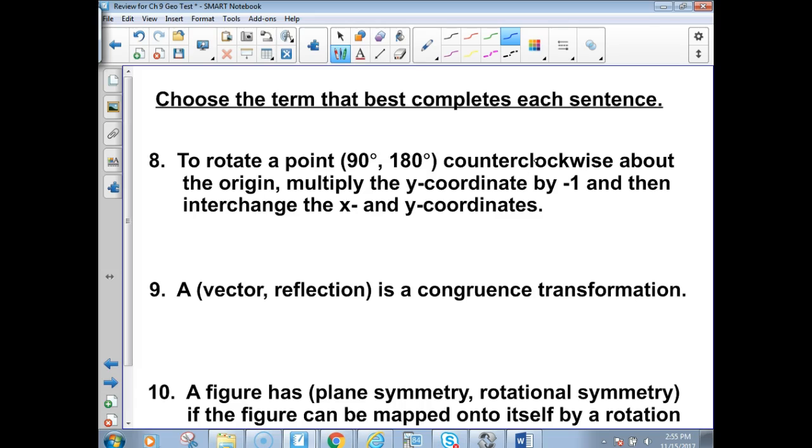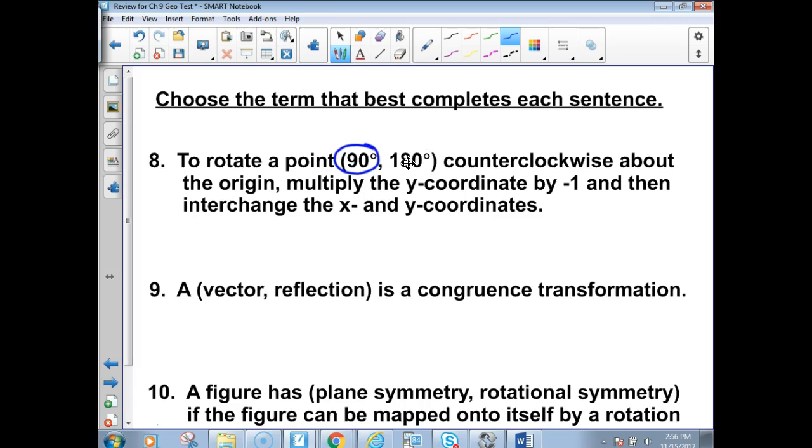If you are going counterclockwise about the origin, you multiply the y coordinate by -1 and then interchange the x and y coordinates. That is a rotation of 90. Now, you have that in your ISN. Let me tell you why you should have known that one without looking it up.